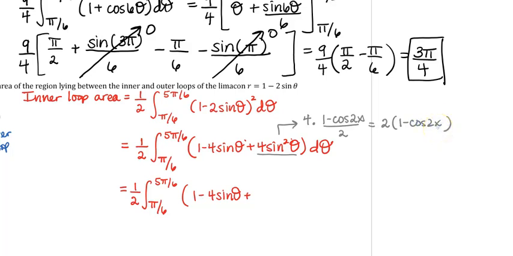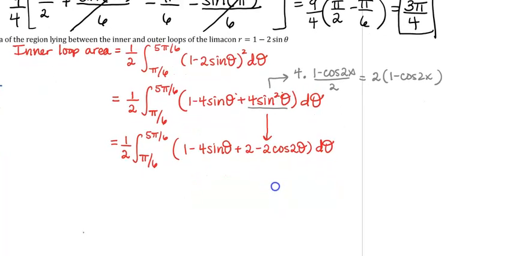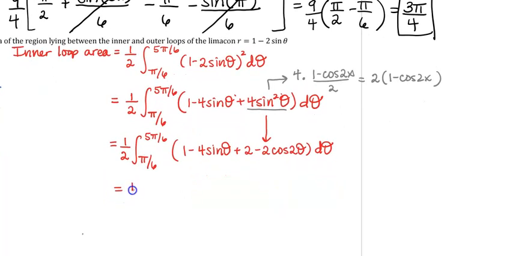I'll distribute that 2. Oh, and I should really have a theta here instead of an x. I was reminded by my variable for integration with the d theta on the end. I'll continue integrating this now with respect to theta.